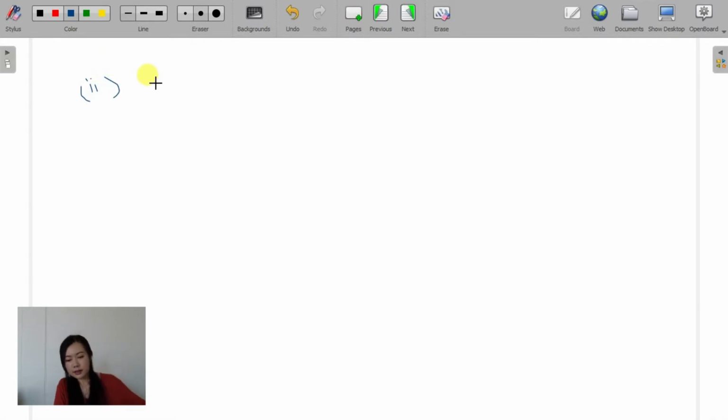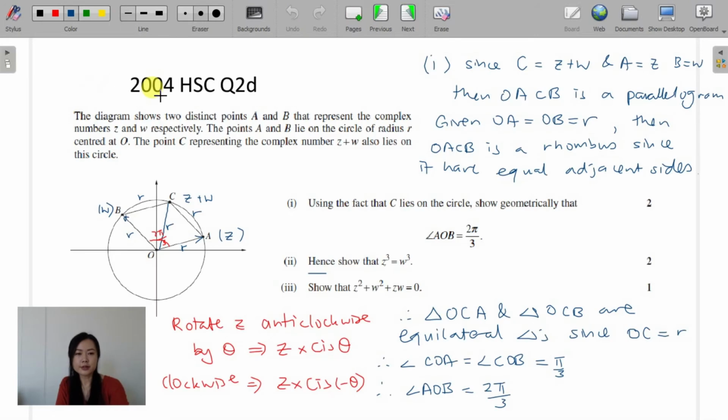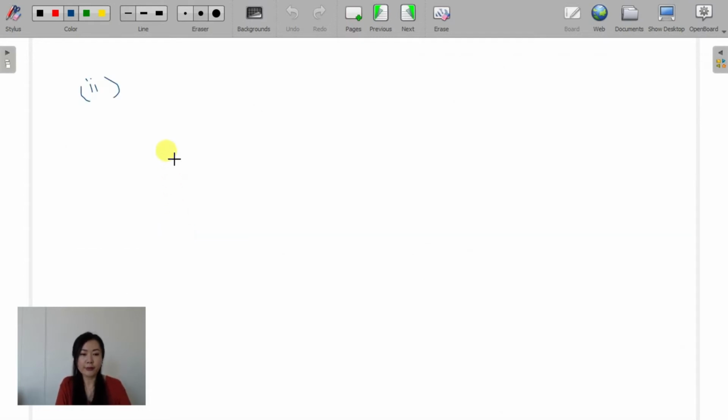So we've got, let's come back to the diagram first, because you probably can't see what I can see. So OB is OA rotated 2 pi on 3.